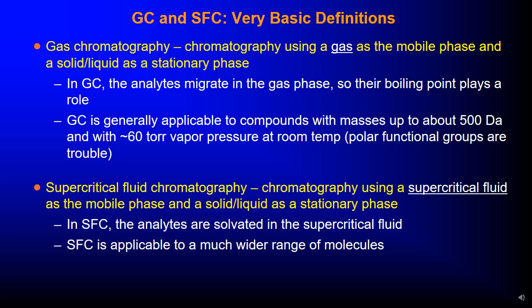So in gas chromatography, the analytes migrate in the gas phase, so their boiling point plays a role. Gas chromatography is generally applicable to compounds with masses up to about 500 daltons and with approximately 60 torr vapor pressure at room temperature.